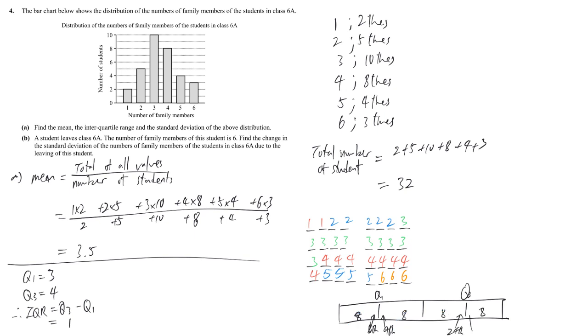The 24th data together with the next one, the 25th data, to get Q3. The 8th data is 3, which is within this group. And then the 9th data is also 3. The 24th data is this 4, and then the 25th data is the next one. This is 4 also. That's why I get Q1 is 3 while Q3 is 4.